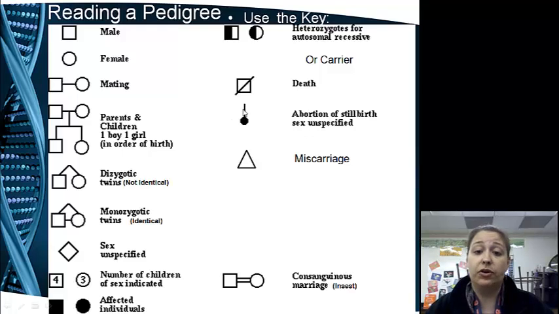Abortion of a stillborn is a line with a solid dot. And a miscarriage is just a triangle. Now, if we look in the olden times, when we're looking back at the kings and queens and royal families, a lot of the times you see a double line. Well, that's consanguineous marriage. And that means marriage within the family, or incest.